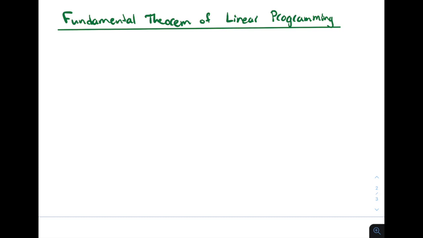To find the optimal solutions and values, we're going to employ the use of the fundamental theorem of linear programming. The fundamental theorem of linear programming tells us 2 things. The first is that if the linear programming problem has an optimal solution, then it will be one of the corners of its feasible region.